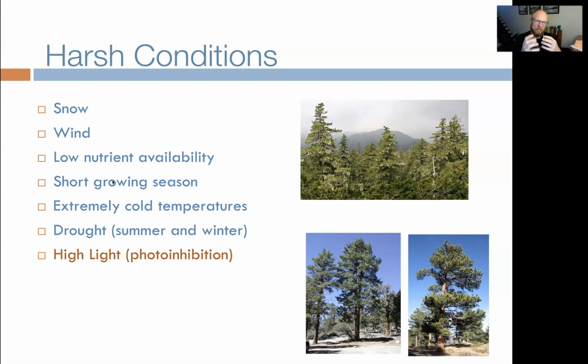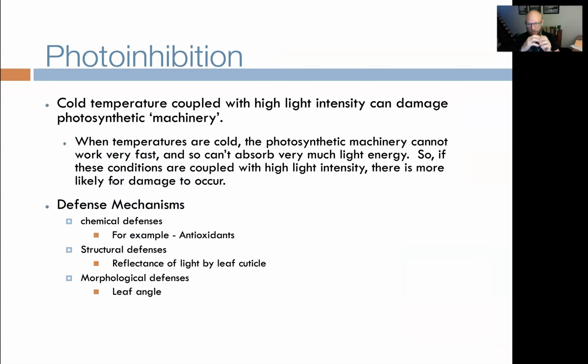So if you put them in that state where they're not functioning very quickly and you blast them with lots of light, that's a condition where they can't handle it and they start experiencing damage that causes reductions in photosynthesis. So in a lot of the places that the evergreen gymnosperms occur and dominate, the potential for photoinhibition is really strong. And so there's a couple different ways that plants can deal with these high light environments.